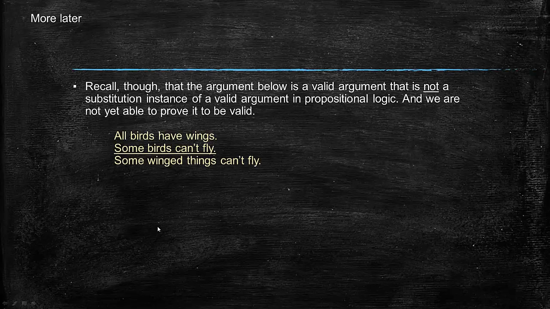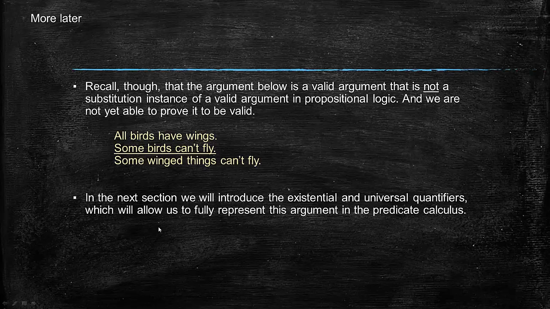Okay, so nevertheless, there's tons of arguments that we can't prove yet. And like the first one that we started this lecture out with, all birds have wings, some birds can't fly, therefore some winged things can't fly. So far, we have no idea how to prove this, and we have to go on to develop the predicate calculus ultimately in order to do that. So that's kind of our long-term project.